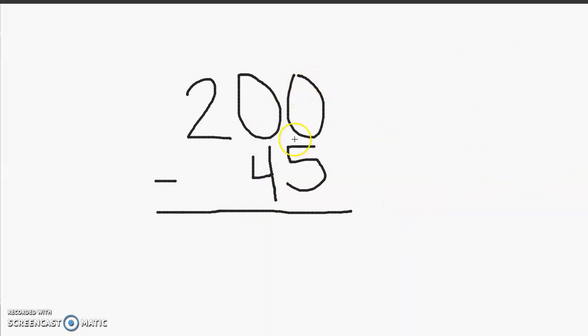We do not have enough ones here to take away 5, so we look over to the tens place. There aren't enough tens here, so we look to the hundreds place. We take away 100 and make the 0 in the tens place 10 tens, okay?